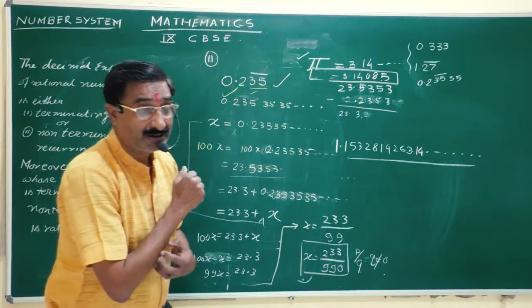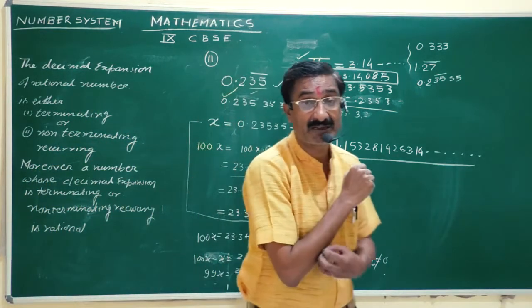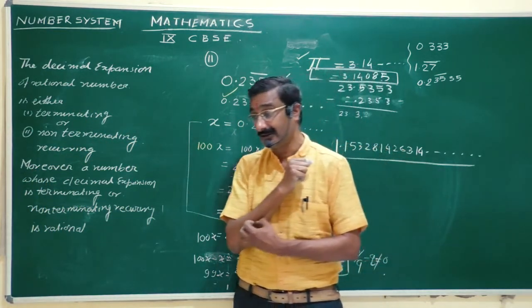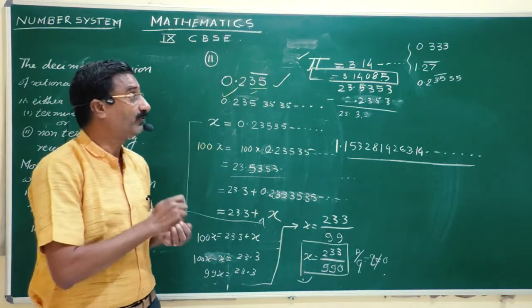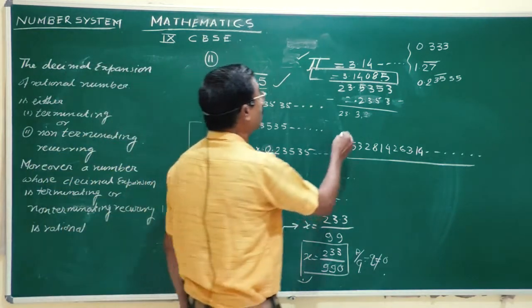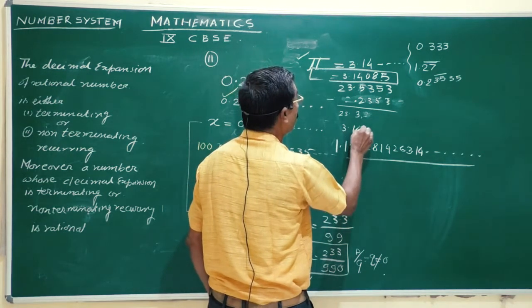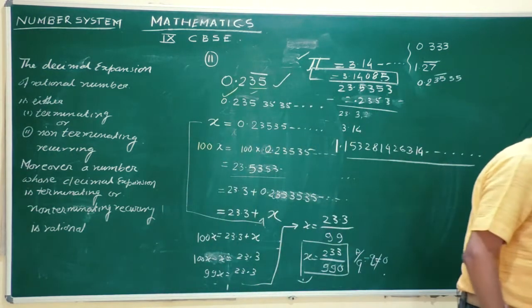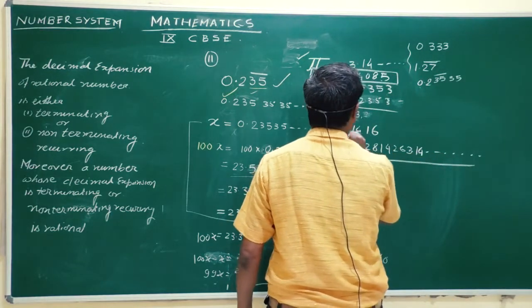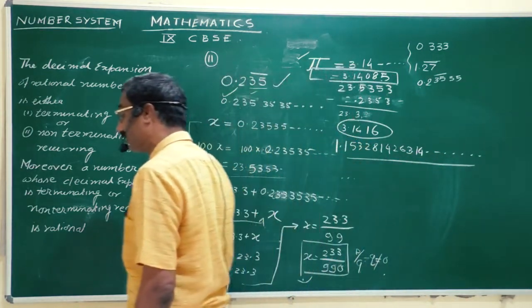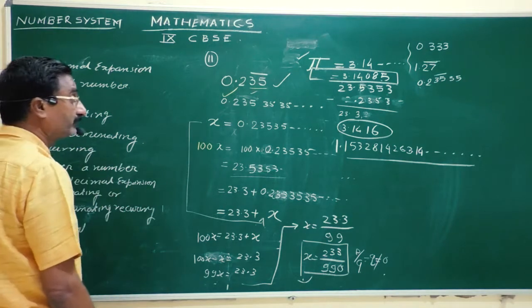But later on, the Indian mathematician Aryabhat gave a more closest value of pi up to 4 digits, and that is 3.1416. This is more closer to the actual value.